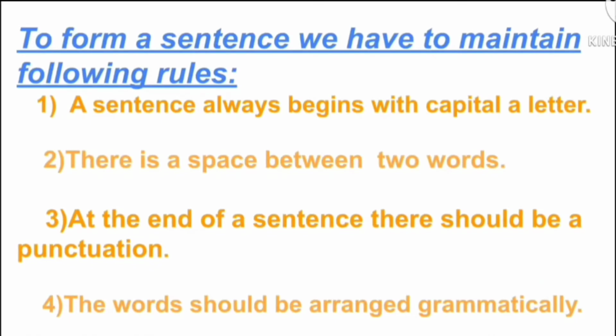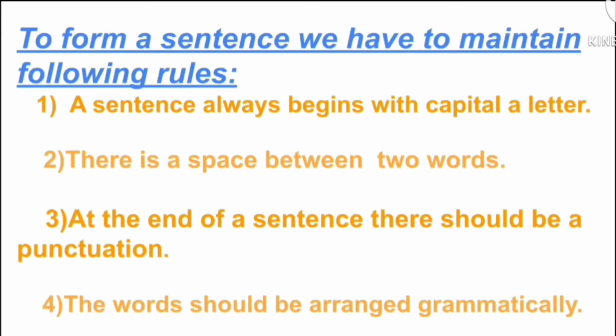Now we have to keep in mind four things when we make a sentence. Firstly, a sentence always begins with a capital letter. That means when we start a sentence, we have to start with a capital letter. Second, there is a space between two words.